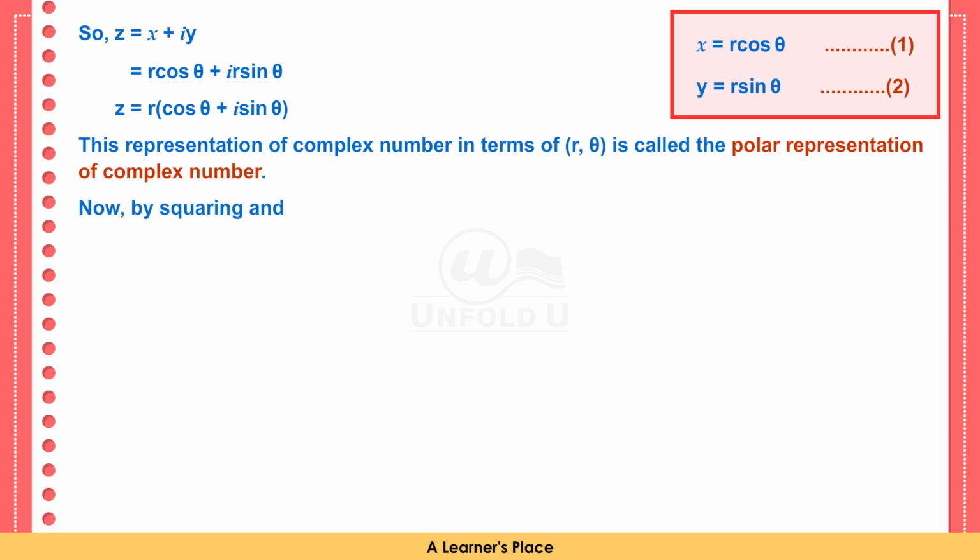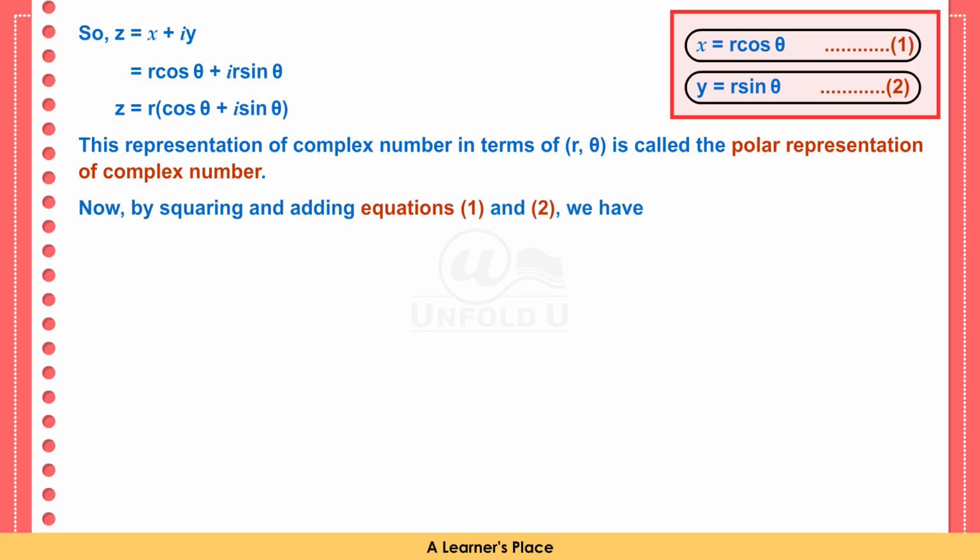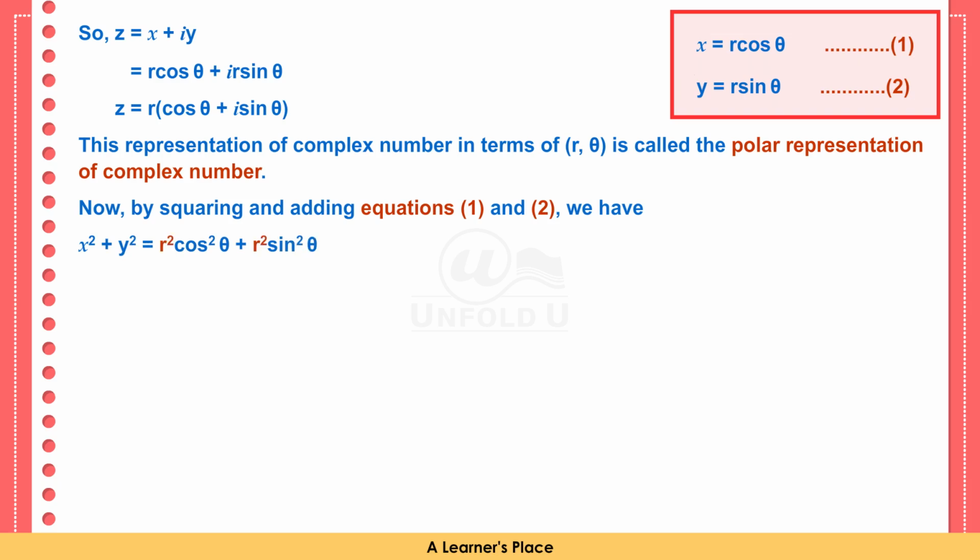Now, by squaring and adding equations 1 and 2, we have x square plus y square is equal to r square cos square theta plus r square sin square theta. By taking r square common, we get r square, which implies that r is equal to square root of x square plus y square, which is equal to modulus of z.